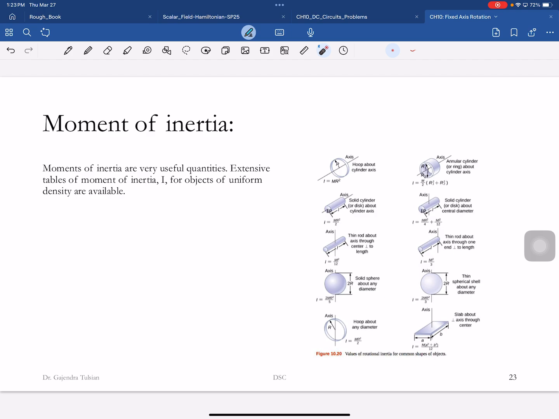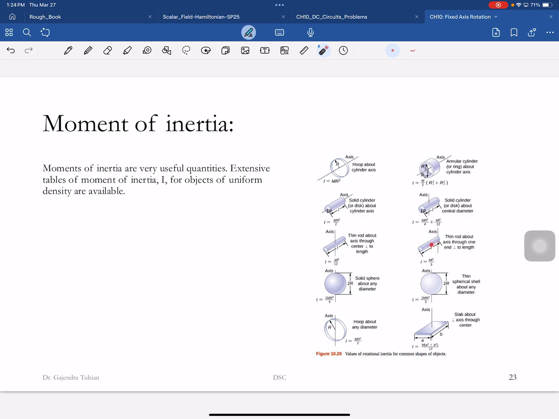And for the same rod about that axis, it's 1/12 ml squared. So about the end it's 1/3 ml squared, and about the center it's 1/12 ml squared.